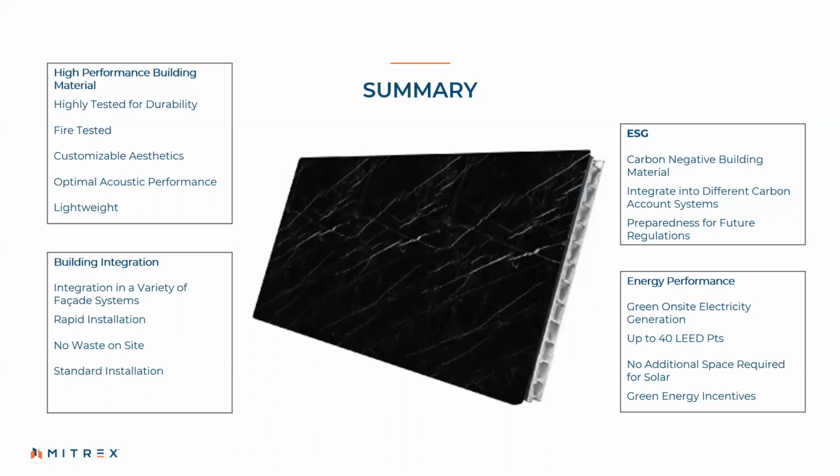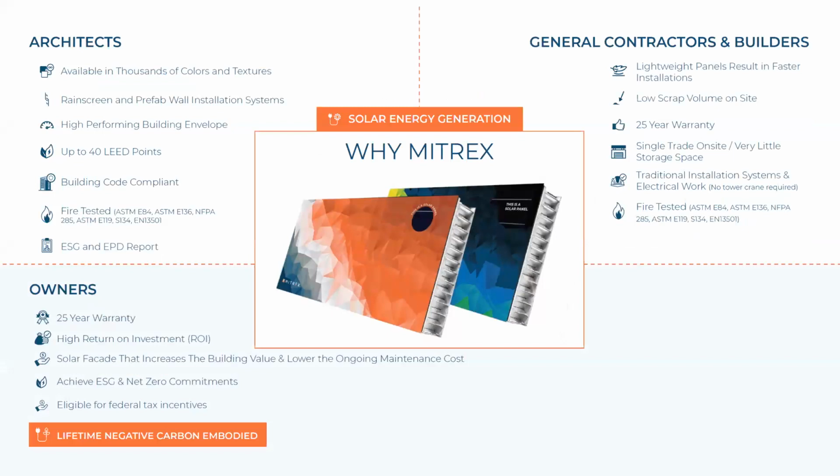As far as ESG goes, carbon negative. There are just so many reasons for integrating BIPV. I can't list them all in one presentation. And if anyone wants to get into a really detailed discussion as to what the benefits would be, I'd be more than happy to speak to you one-on-one for that.